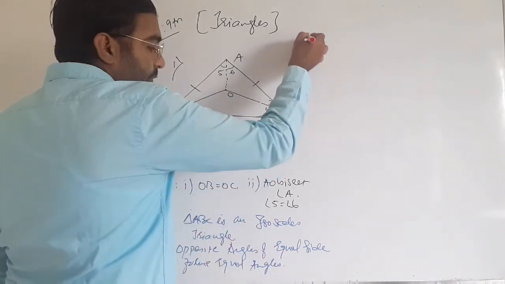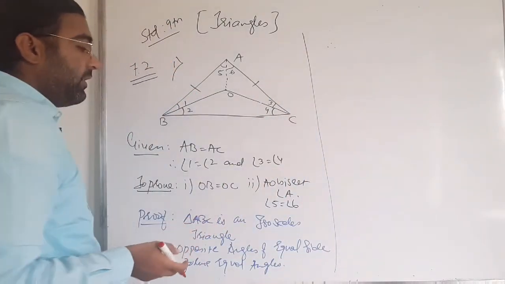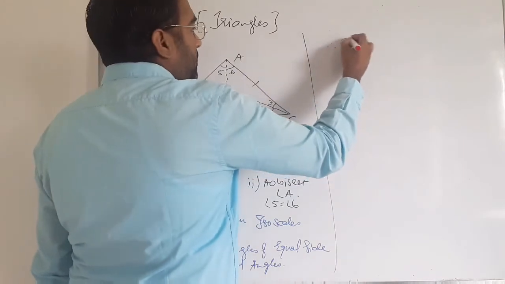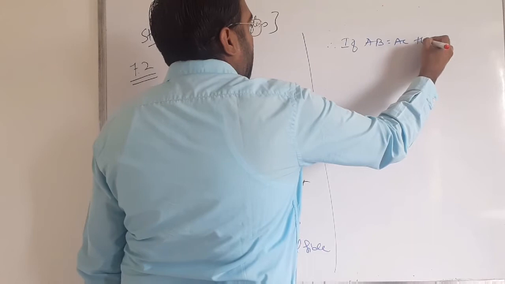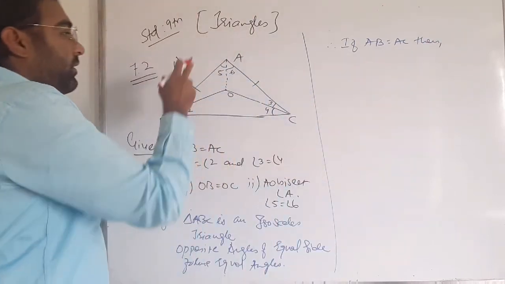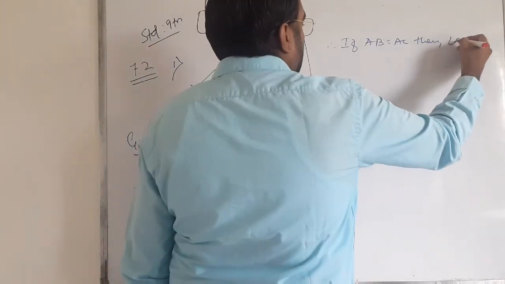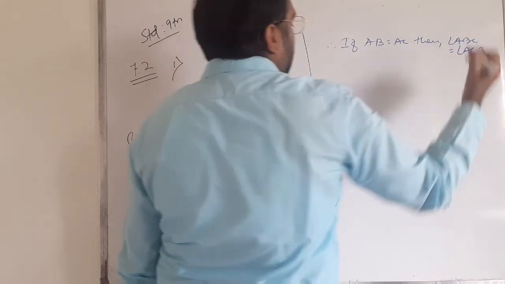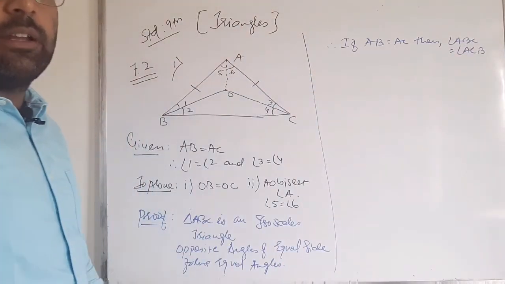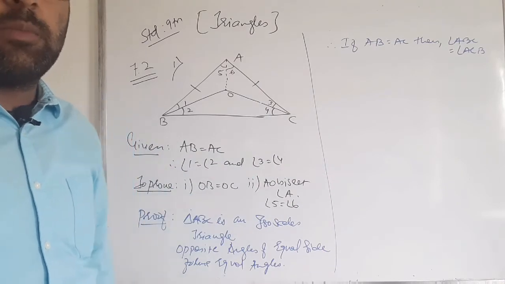So from this condition, if AB is equal to AC, then we write that angle ABC is equal to angle ACB.